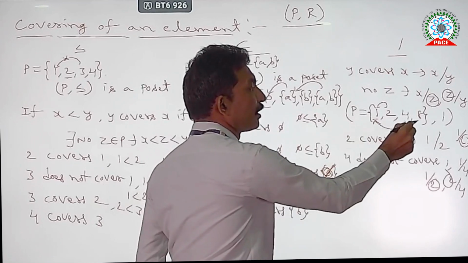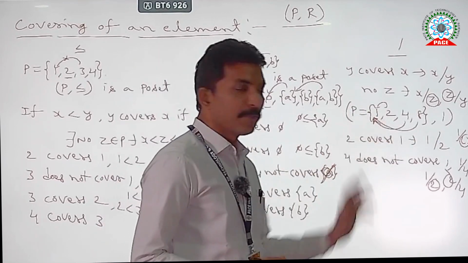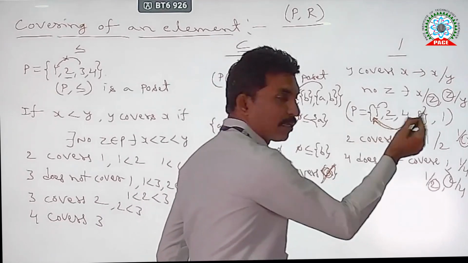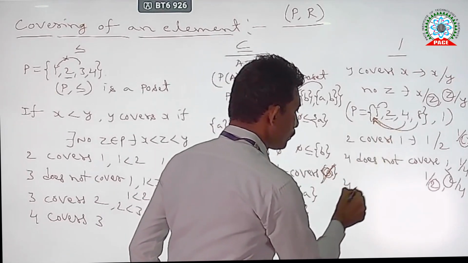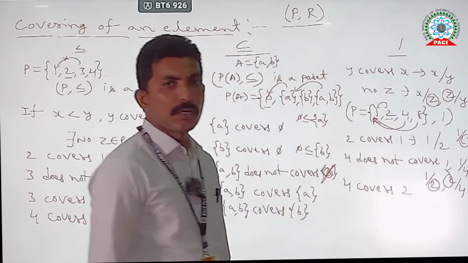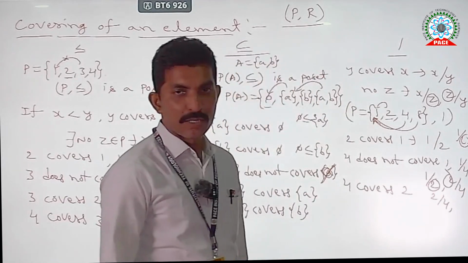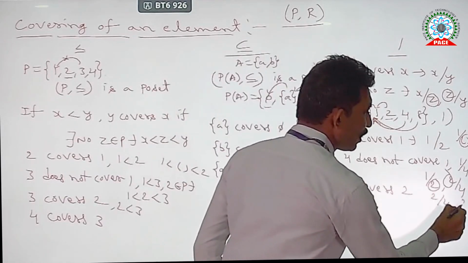Next, coming to the second element 2. Next, check the other elements. 4 covers 2, because 2 divides 4 and there is no other element such that 2 divides that element and that element divides 4. There is no element.